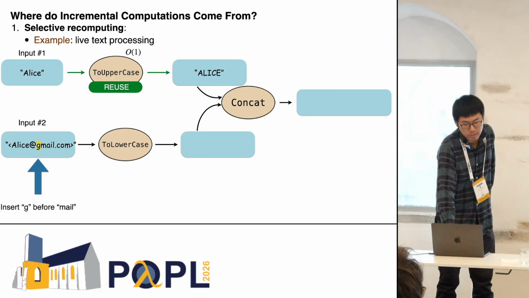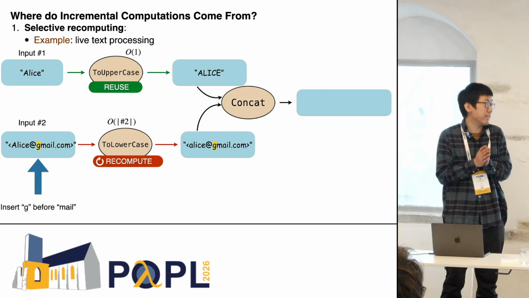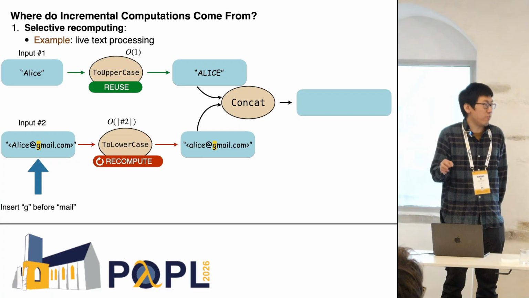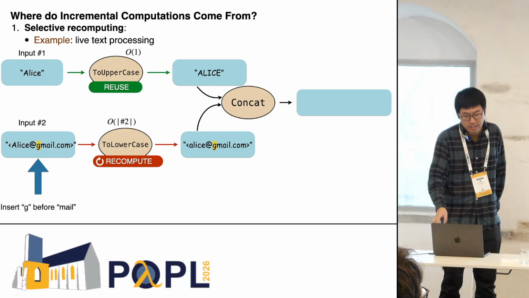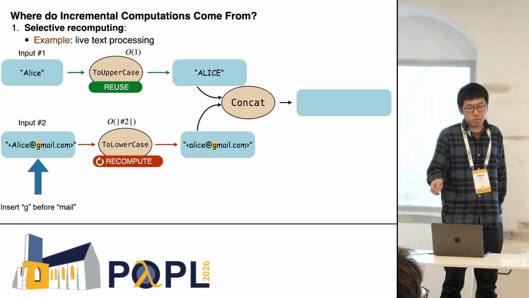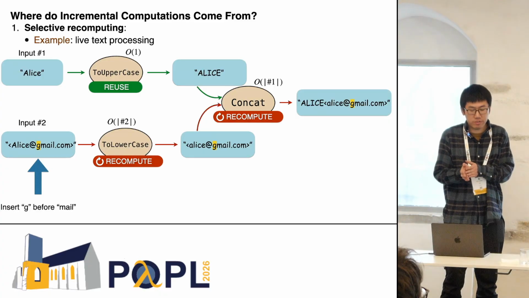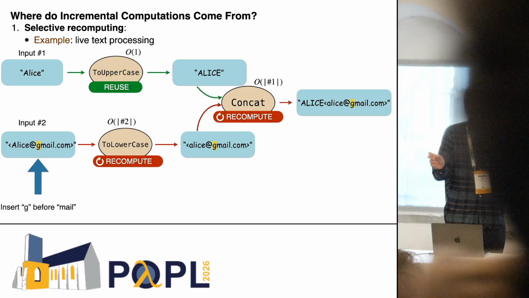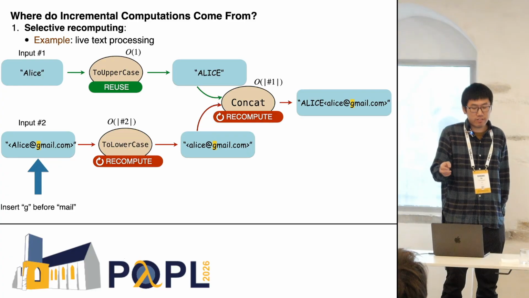But since the input to toLowercase has changed, it has to do a full recomputation, which takes time proportional to the second input size. Also, since the input to concat has changed, we have to perform another recomputation of concat to copy the first part into the final output, so it also takes time big O of the size of the first input.